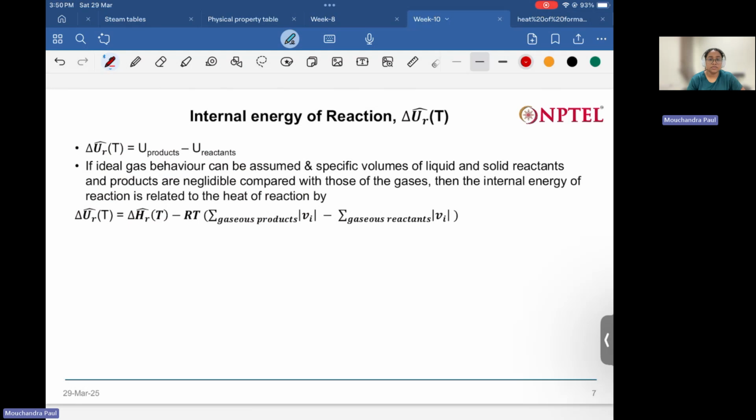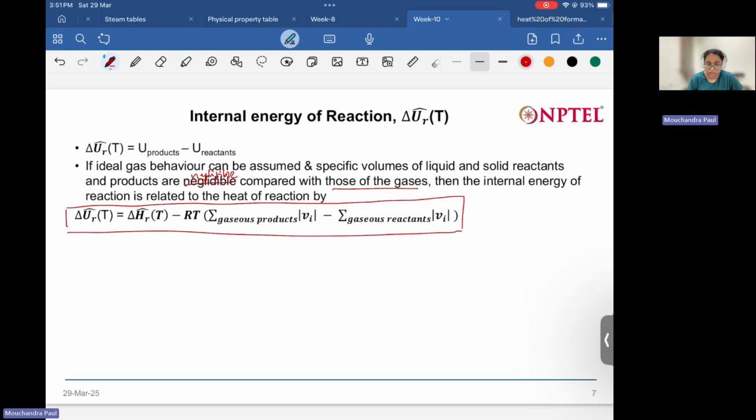If you assume that gas is ideal in behavior and the specific volumes of liquid and solid reactants and products are negligible compared to those of gas, then the internal energy can be related to the heat of reaction by this particular expression.